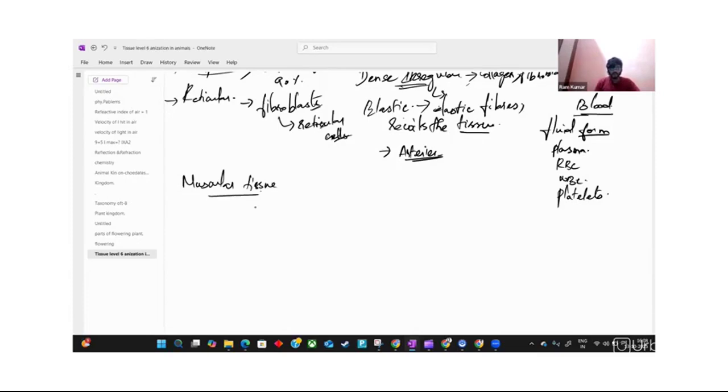Muscular tissue is classified into three types. First we discuss muscular tissue. Each muscle is made up of long cylindrical fibers which are arranged in parallel.